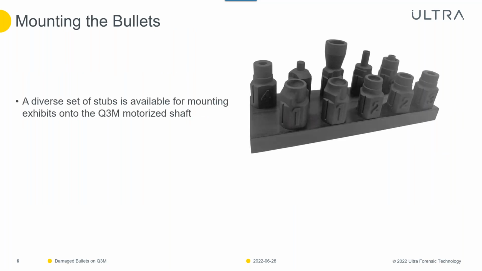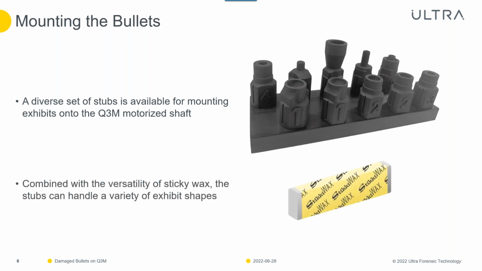So for the mounting process, we have a diverse set of stubs that are supplied with the quantum 3D microscope. And using these stubs in combination with a type of mounting wax like sticky wax, we can adapt to just about any sort of shape there needs to be. And if you look at the stubs themselves here, we have 2 that are numbered 1 and 2 that are numbered 2.